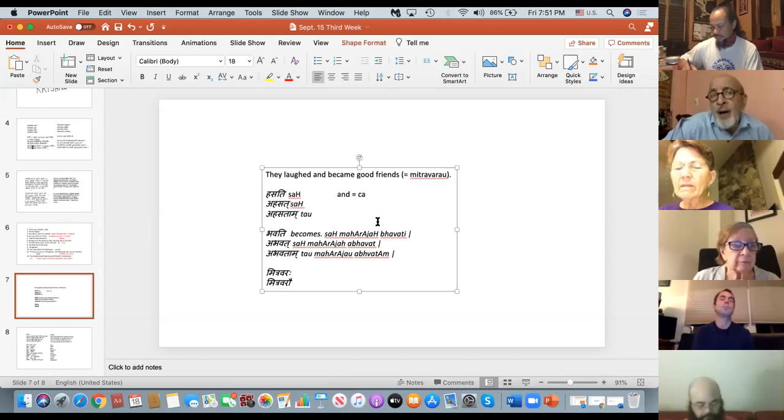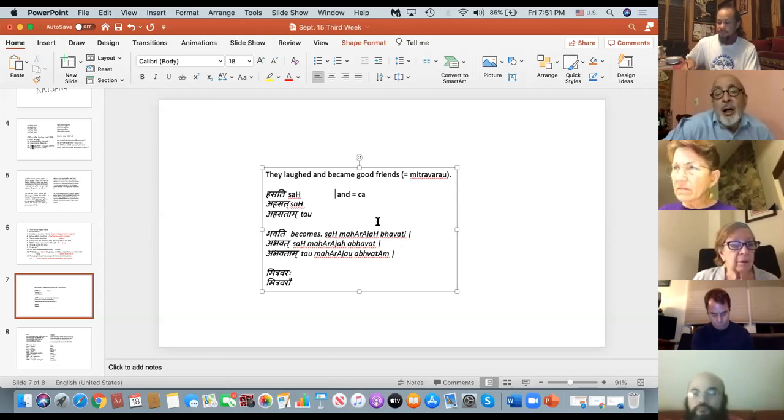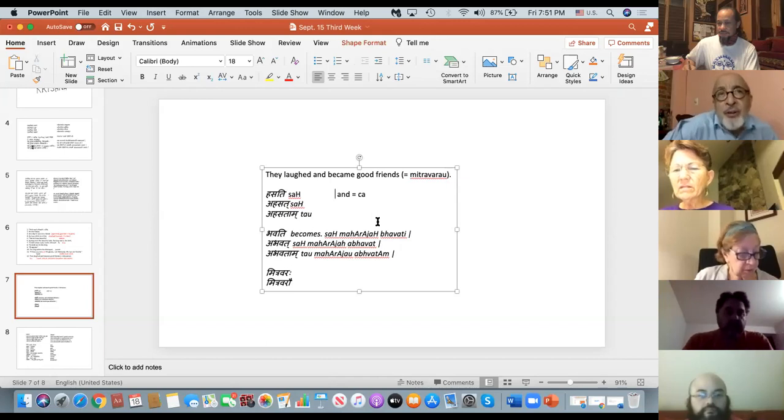Kalam is fruit. Kalam, Makadat, ate, or Sat, laughed. Translate it. He ate the fruit and laughed. Yeah, he ate fruit and laughed.